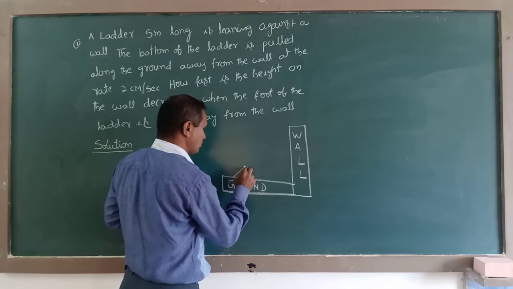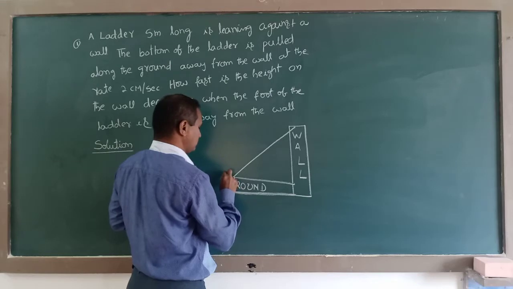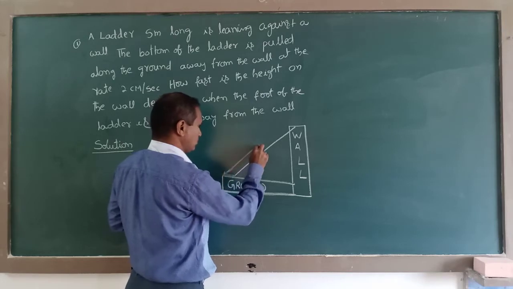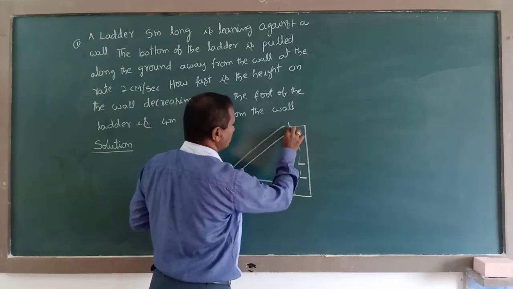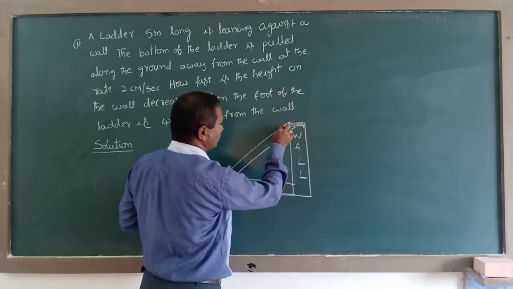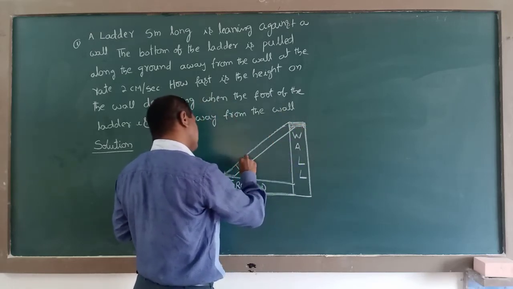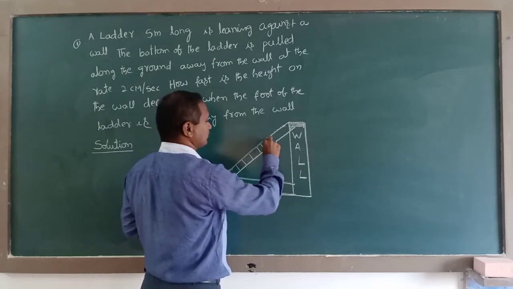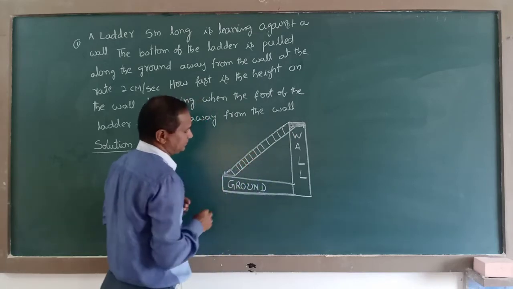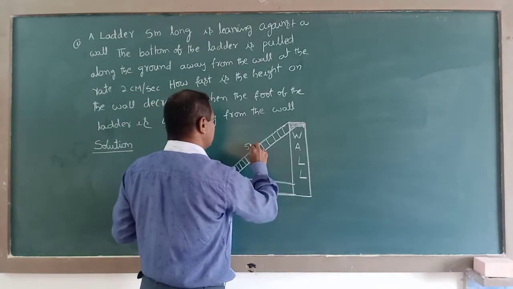After this, one ladder we are going to attach here. It is a ladder like this. And the ladder length is 5 meters, they gave here.